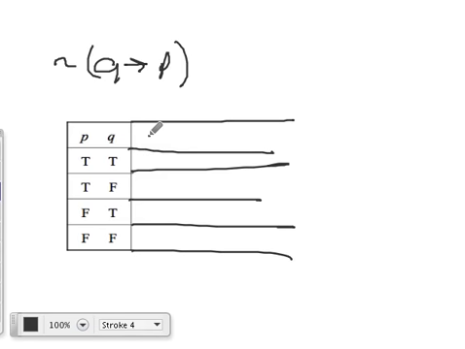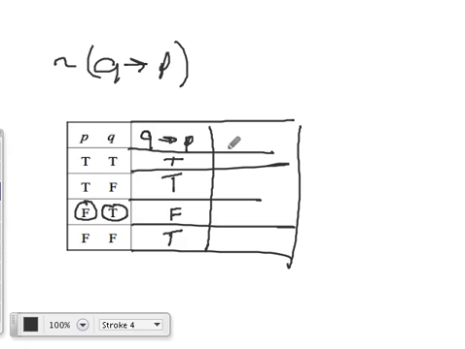Okay, well, we're going to have if Q then P. Remember, I'm breaking a promise, so that would be right here. It's true here and false here. And we're trying to find the value here.